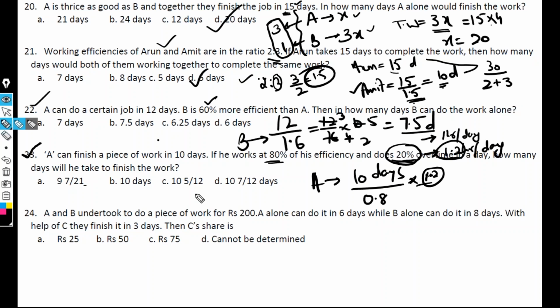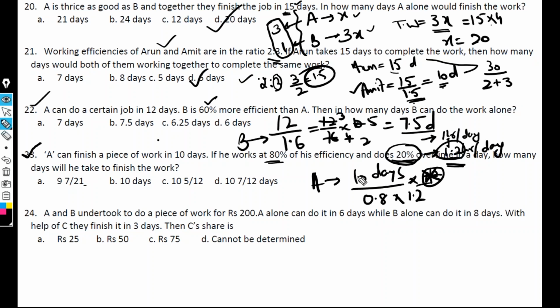If he is working for a longer duration per day, the time taken will reduce. So you need not multiply it. Please keep this in your mind. You have to divide it by 1.2 and not multiply. Is it clear? You have to observe the impact of whatever change is taking place in the number of days.